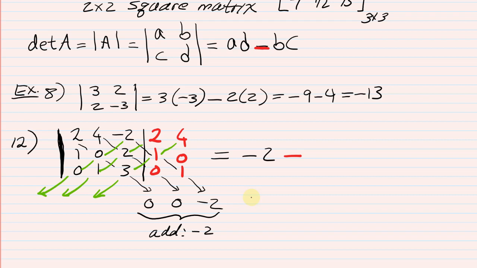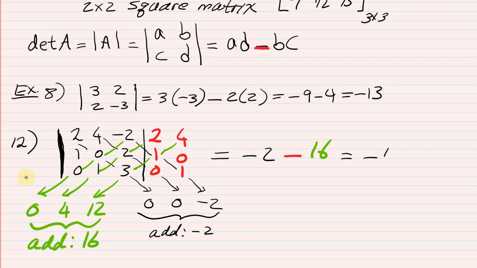So I'm going to do 4 times 1 times 3, that makes it 12. 2, 2, 1 is 4. And negative 2, 0, 0, the product is 0. And then we're going to add them. They add to 16. And there is the answer to the determinant, negative 18.